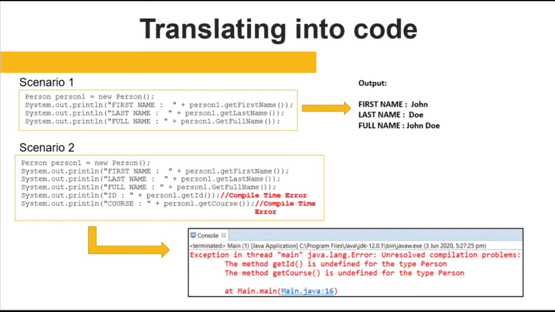Consider scenario 2. The error simply means that getID and getCourse, as getters of the student class, which is the subclass, are inaccessible if you use a person object as the reference, since the person class, being the superclass, does not have the ability to receive anything from its subclass.